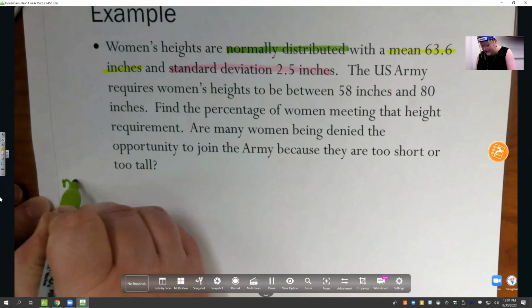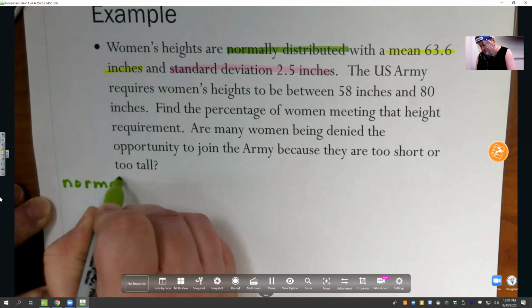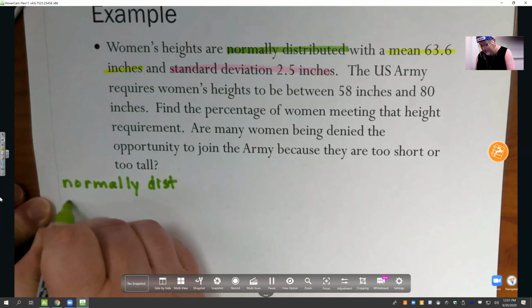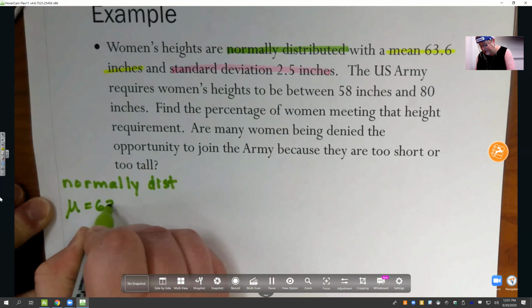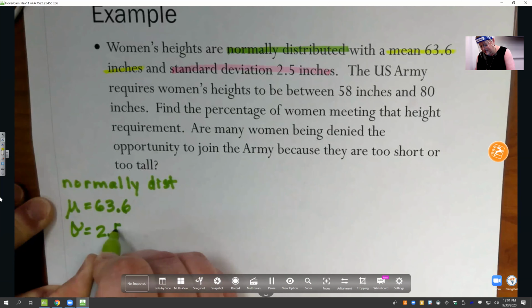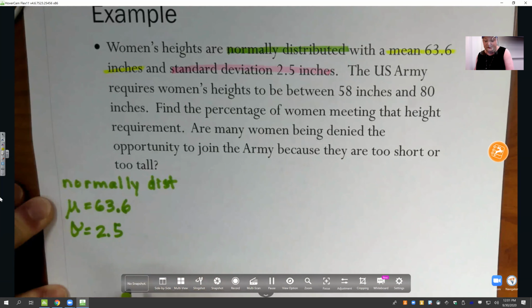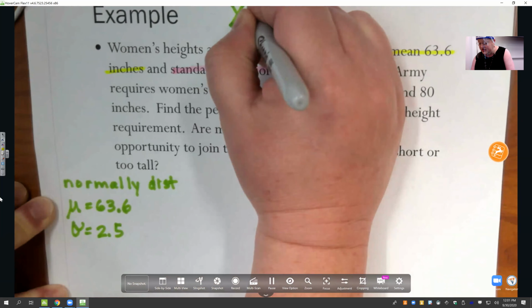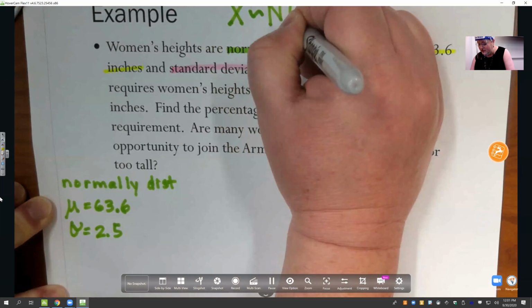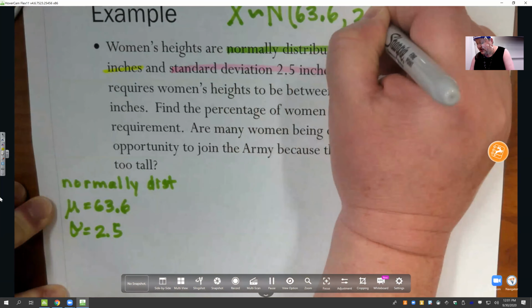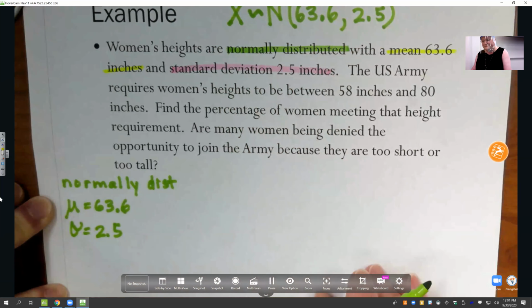I know that it's normal. I know the mean, which is 63.6, and I know the standard deviation is 2.5. In the fancy writing, you would have that your variable approximates a normal with a mean of 63.6, standard deviation of 2.5.